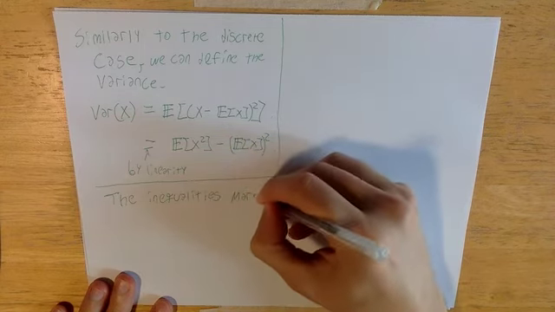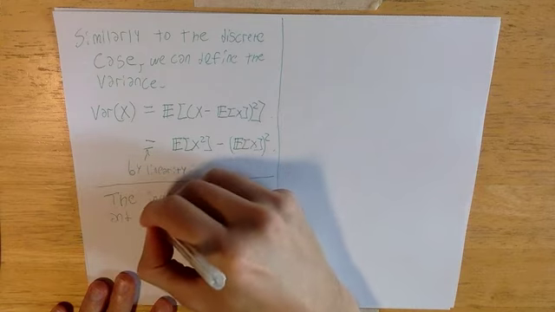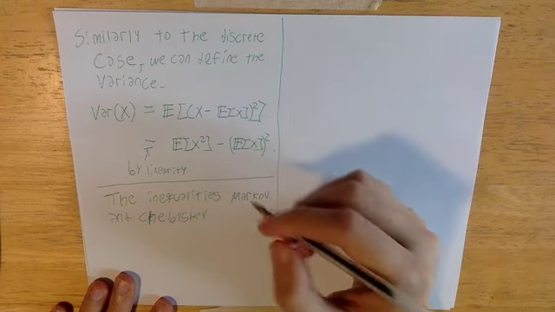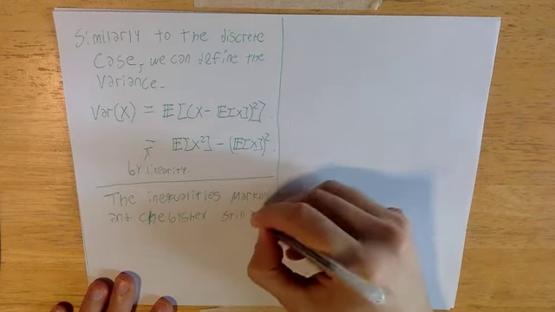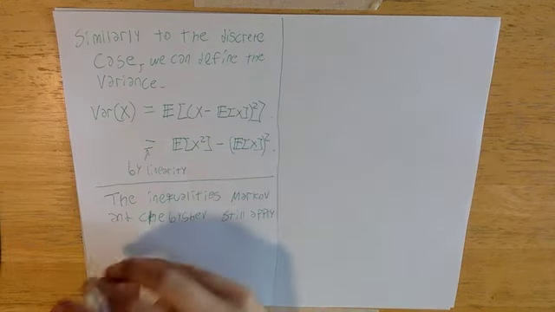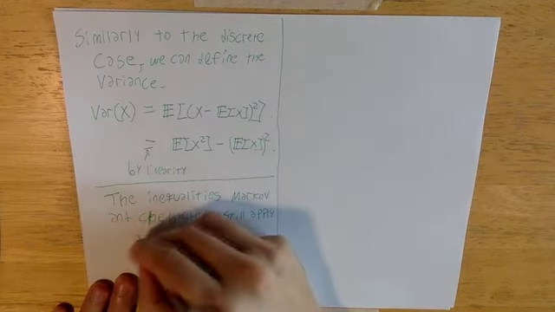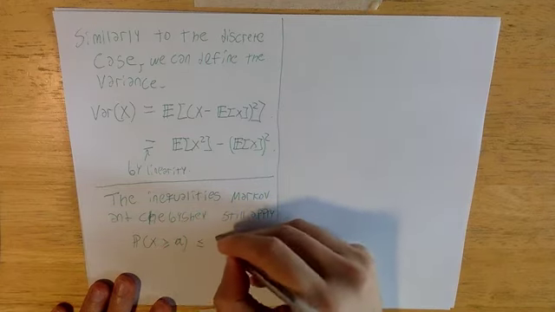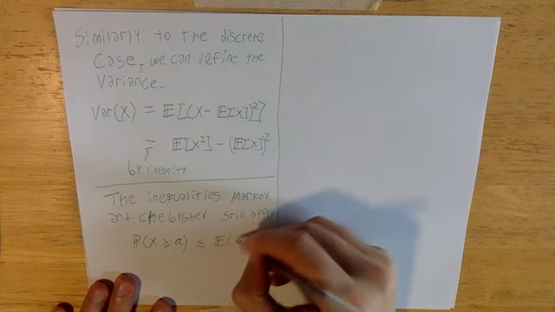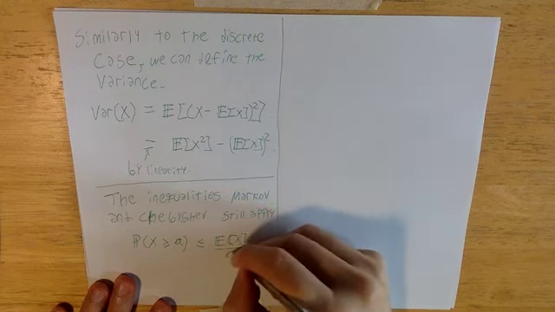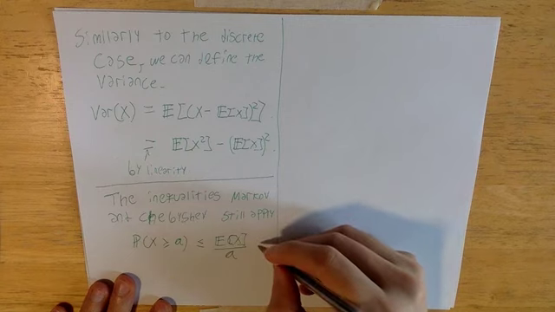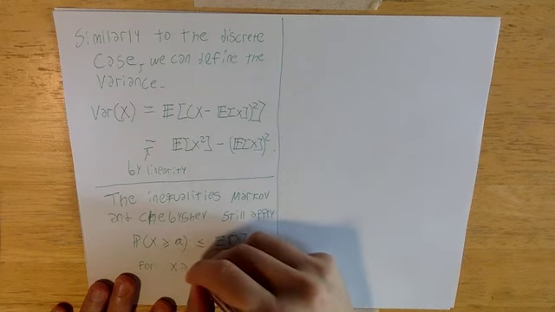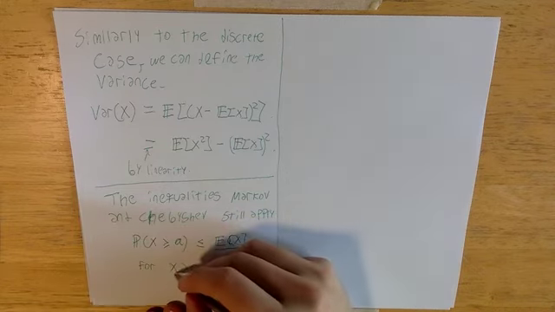Another thing is the inequalities, Markov and Chebyshev. They still apply because the proof is the same as before. The probability that X is bigger or equal than a is less or equal than the expected value of X over a, for a random variable that is positive.